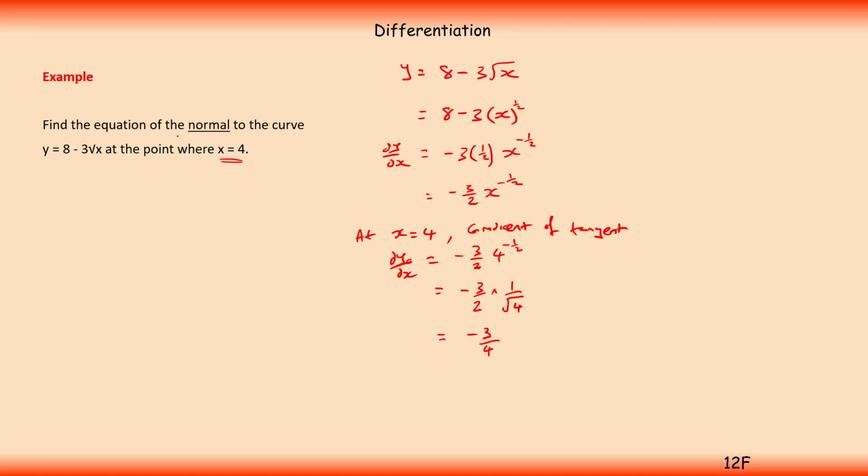But we want to find the equation of the normal. So the gradient of the normal is going to be the negative reciprocal of that. So dy by dx is going to be equal to 4 over 3. Okay.